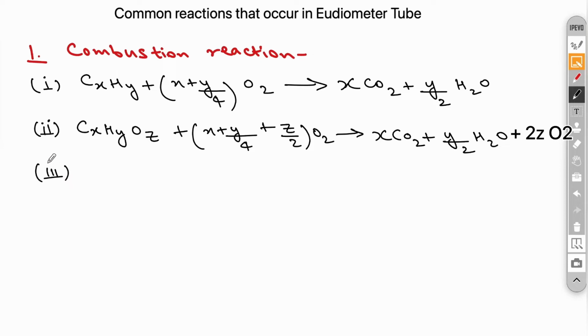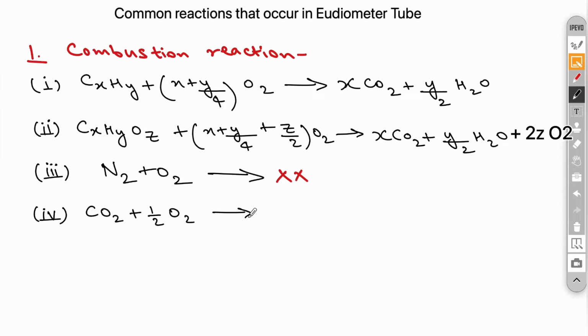The third type of reaction that occurs as a combustion reaction is N2 plus O2. This will give us no product because this reaction will never occur. It's just a reminder for you that you should never react N2 and O2 in a Eudiometer tube.